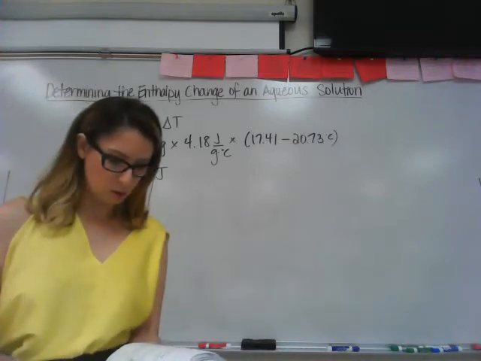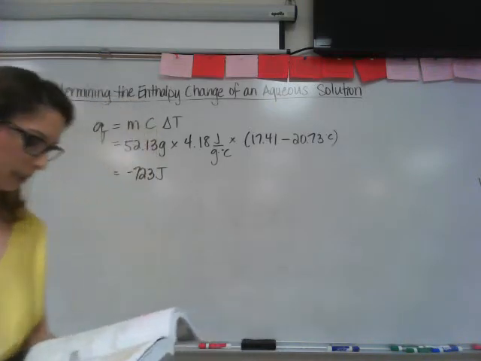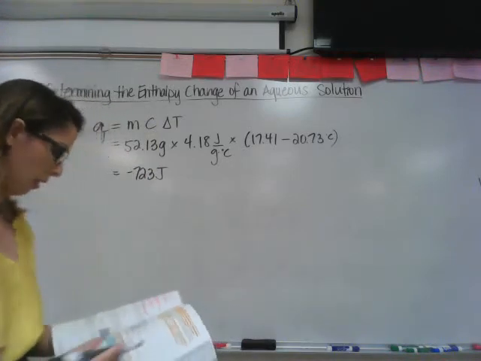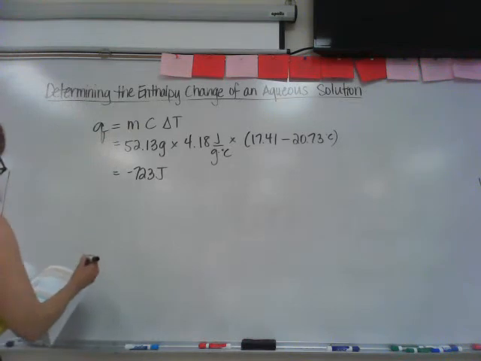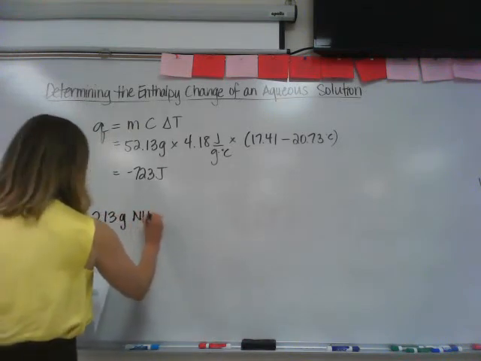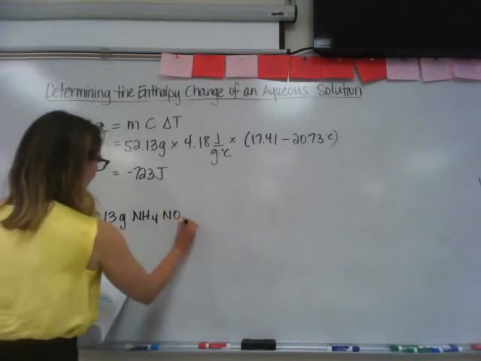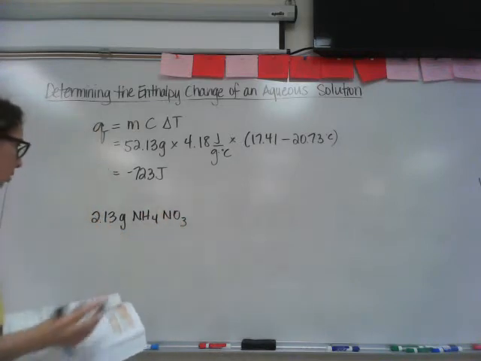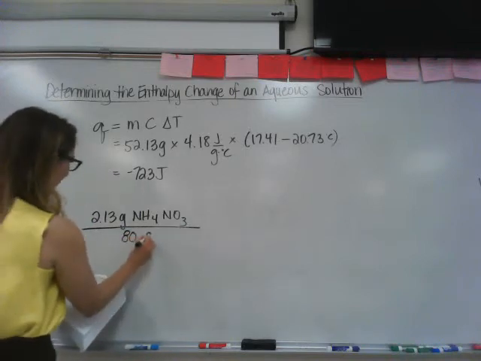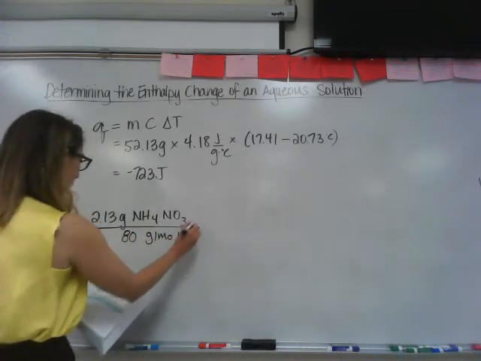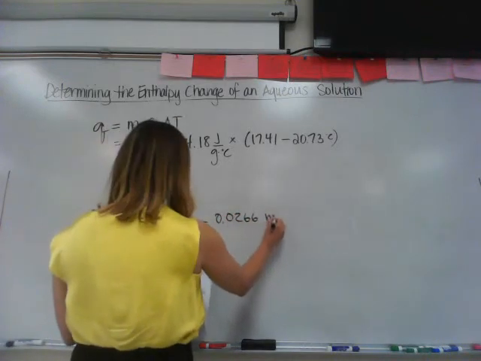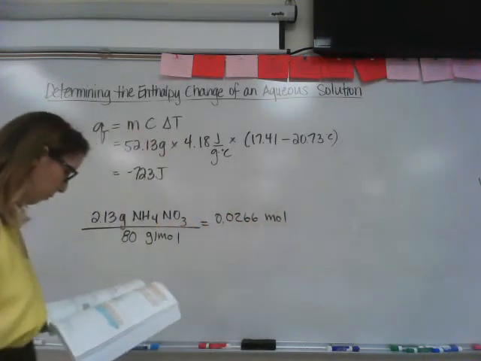Okay, now that we've gotten our Q, we need to get moles of ammonium nitrate. If we get the molar mass of ammonium nitrate, it's around 80 grams per mole. That's going to give you 0.0266 moles of ammonium nitrate.